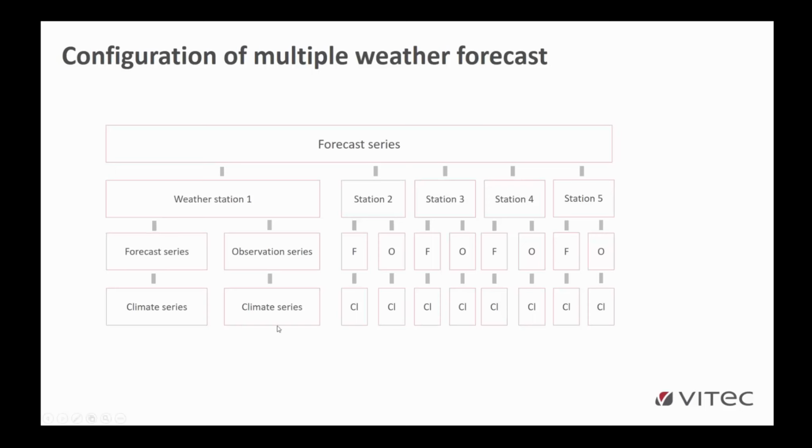And both of these are then connected to a climate series also. But what we are really basing our optimization on is more our energy forecast that is based on this forecast series for each of these stations. Of course, the model is based on the observation series and built based on that for each one as well. But then the weighting is for the forecast series, more in simplified terms.